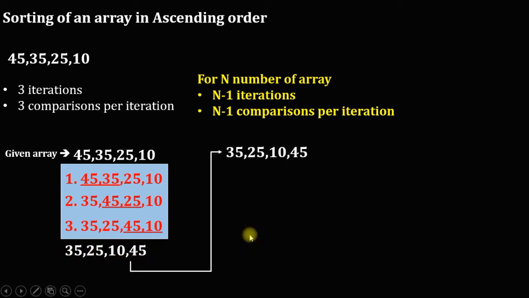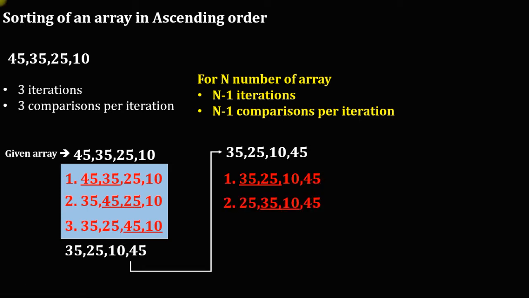We need to take this result and proceed to our second iteration. As I told, the second iteration also will have 3 comparisons. So do the comparisons as we did in iteration 1. Compare the first two terms, 35 and 25. Do the swapping, and 25, 35, 10 and 45 will be the result.